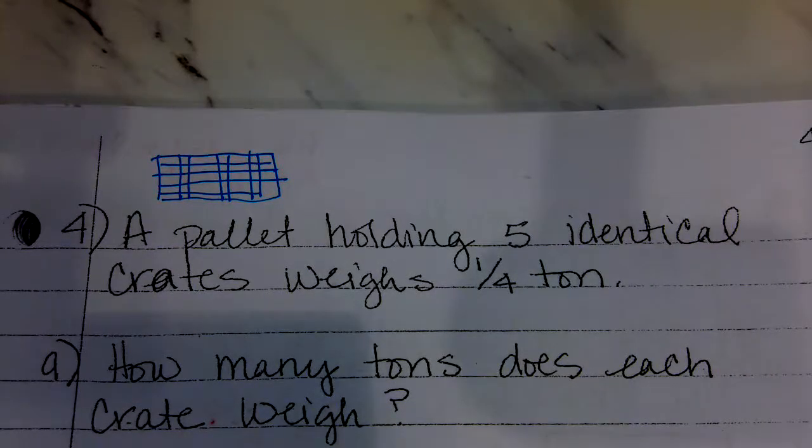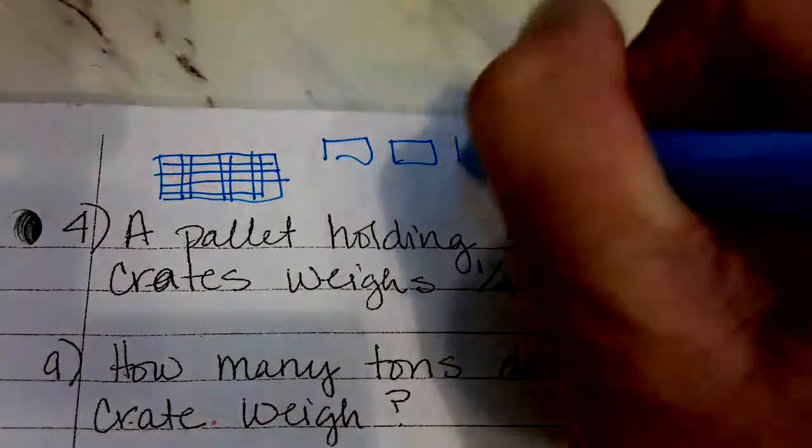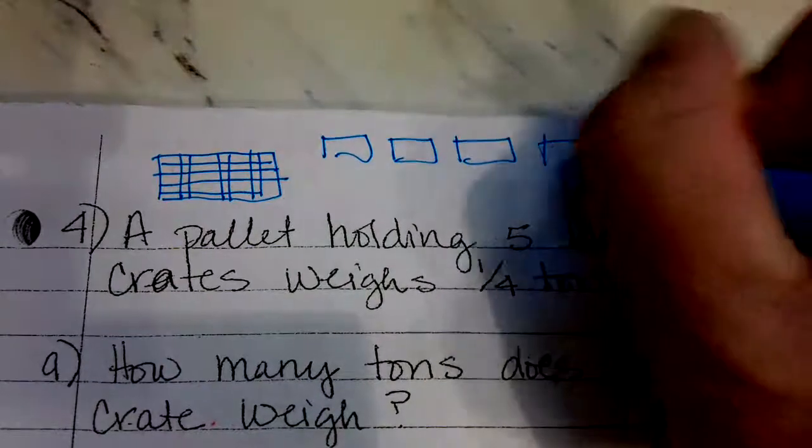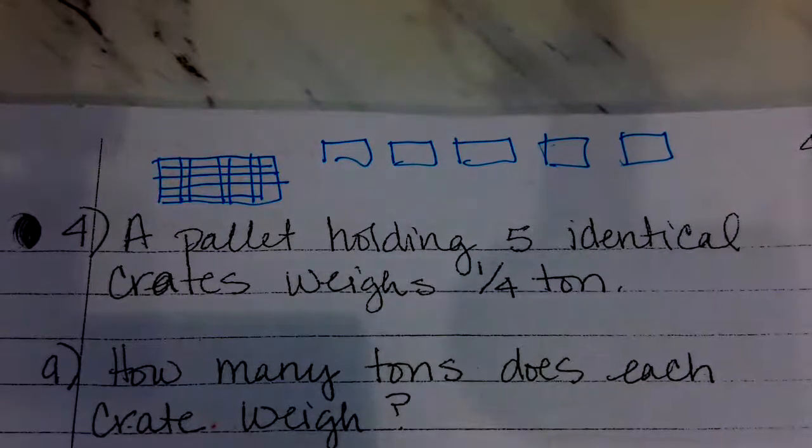And it has 5 identical crates on top of it. So 5 crates. And a pallet holding 5 identical crates weighs 1/4 of a ton.